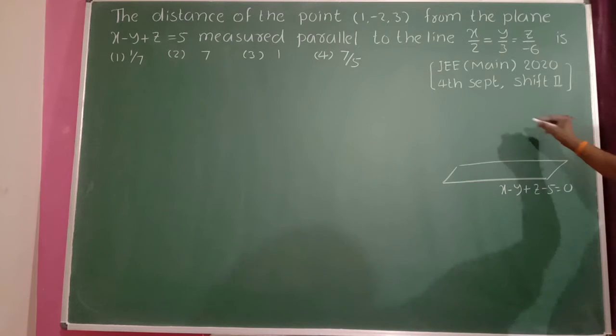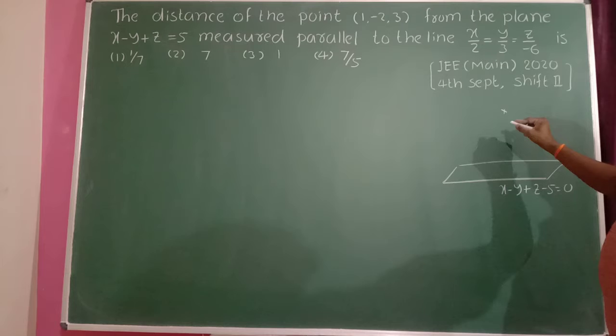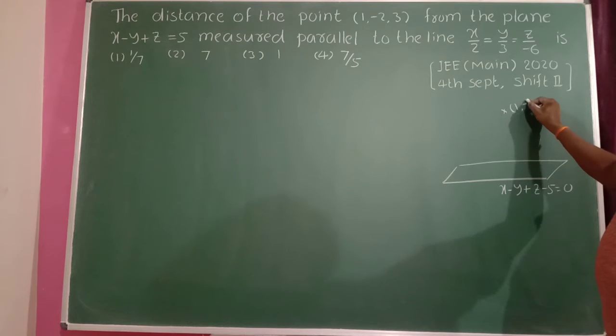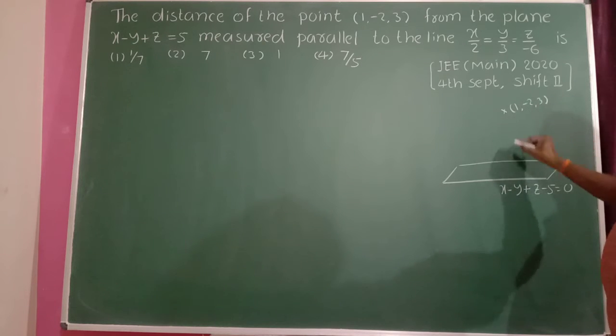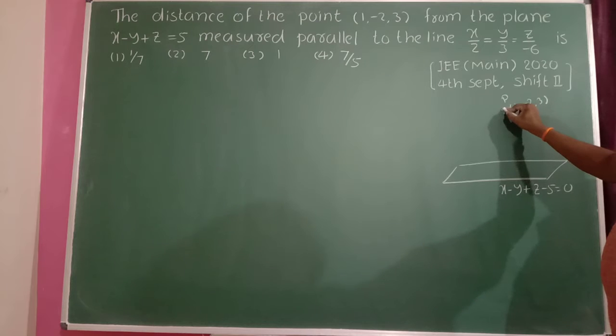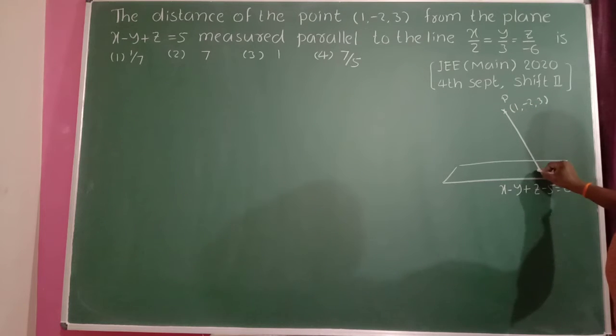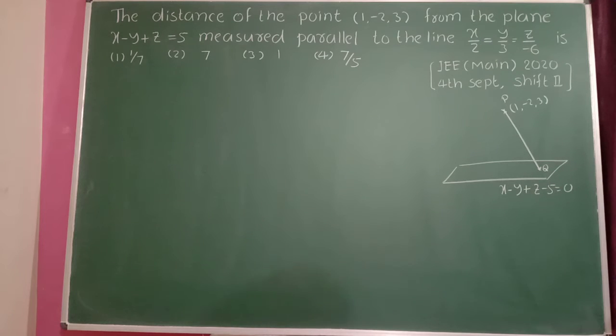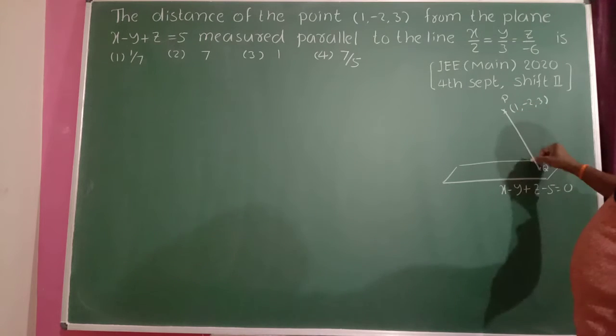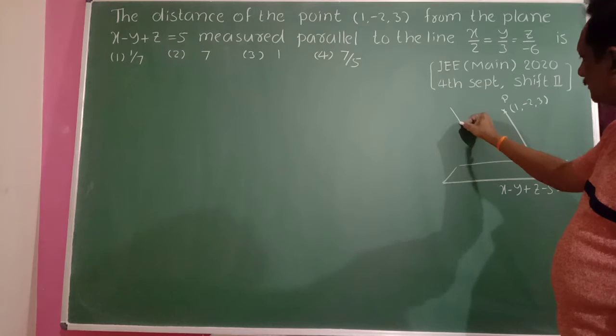And here is one point, consider 1, minus 2, 3, already given. Take this point as P. Then PQ is the line, where point Q lies on this plane. And this line is parallel to the given line.